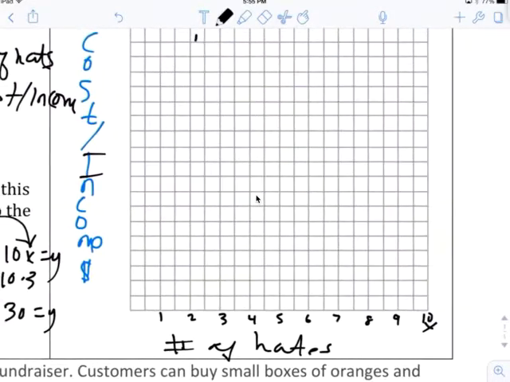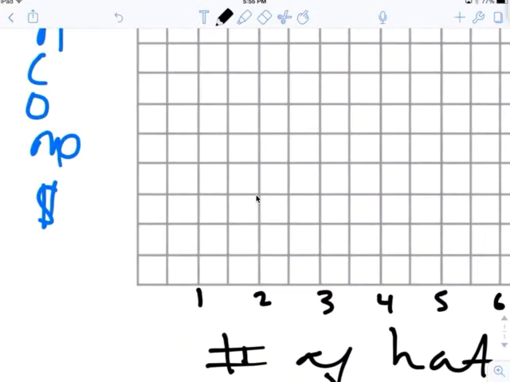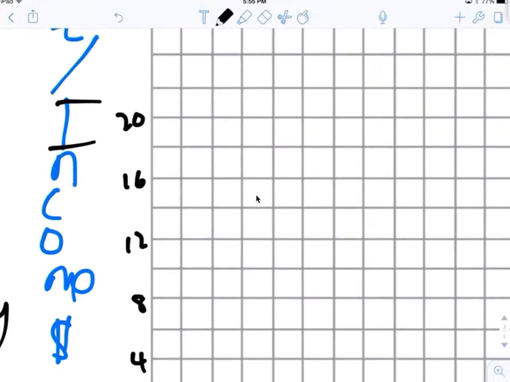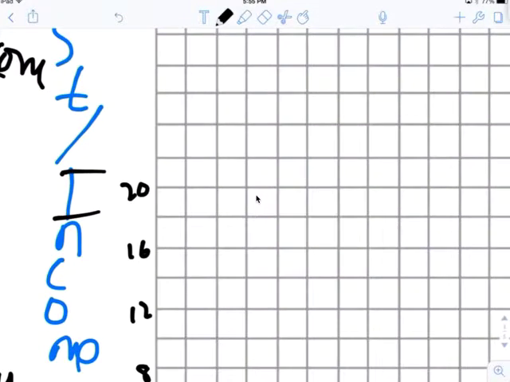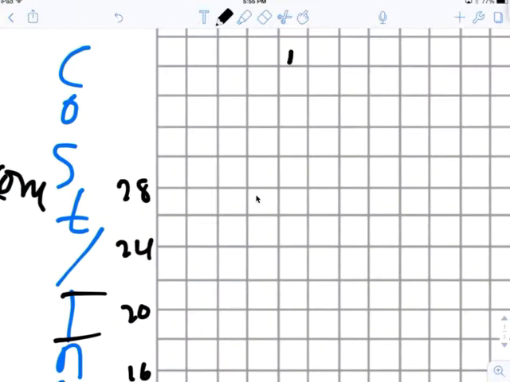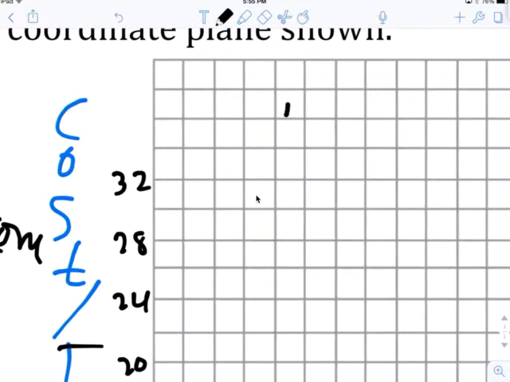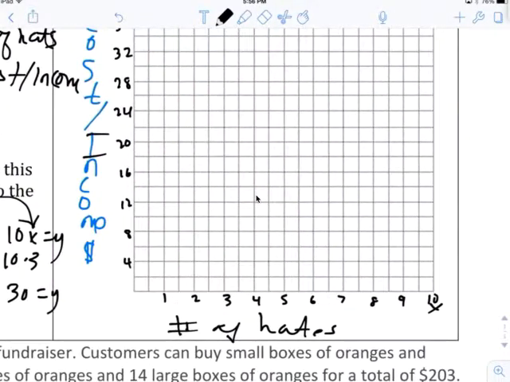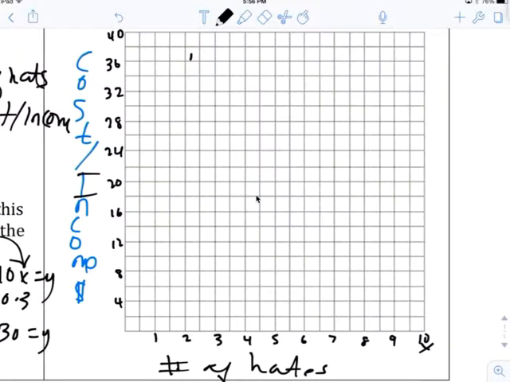Yeah. 2, 4, 6, 8, 10, 12, 14, 16, 18, 20, 22, 24, 26, 28, 30, 32, 34, 36, 38, 40. Okay? So you need (3, 30). So where are they going to meet? Right here.